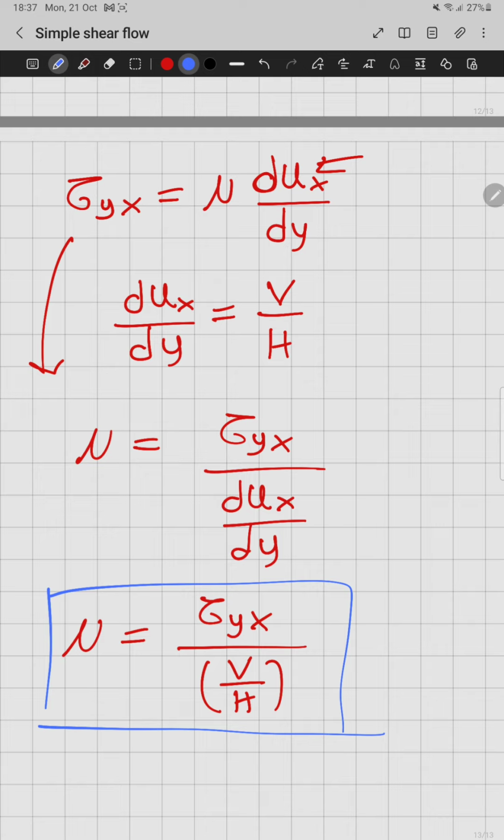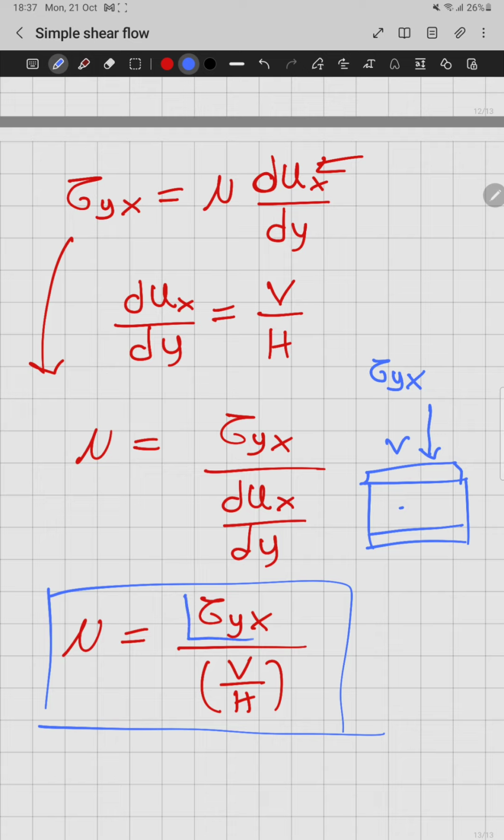There are some special machines used in the laboratory called rheometers. These rheometers reproduce simple shear flow. So we have a fluid between two parallel plates. As you know, the top plate is moving with a velocity uv, the bottom plate is fixed. The machine is going to apply a force over the top plate, so the machine knows the value of this force that is being applied in order to make the top plate move with a velocity uv.